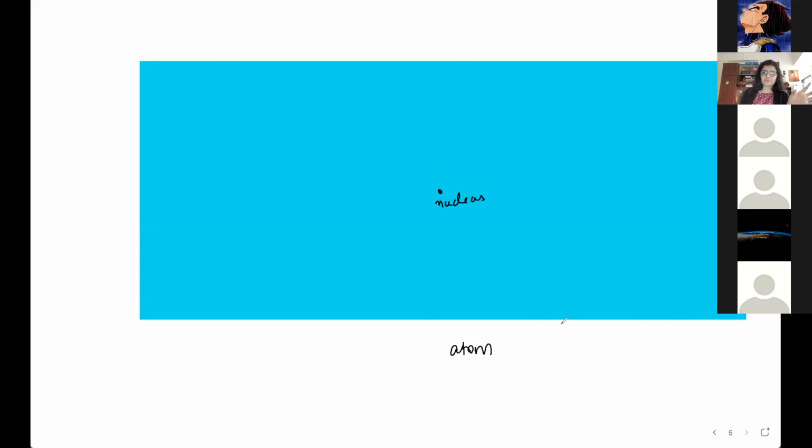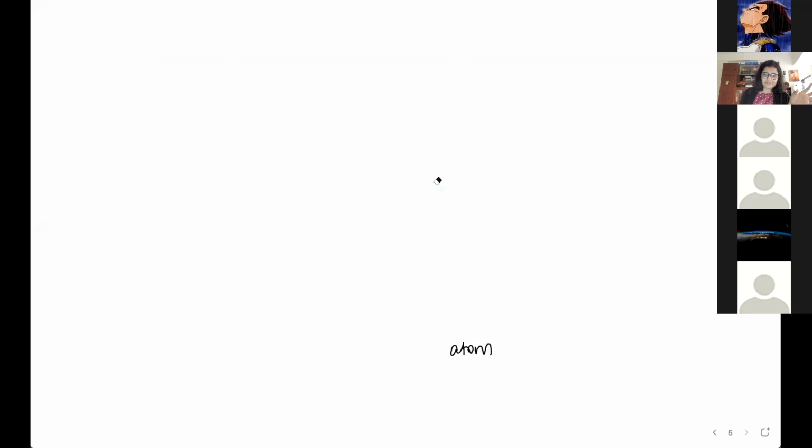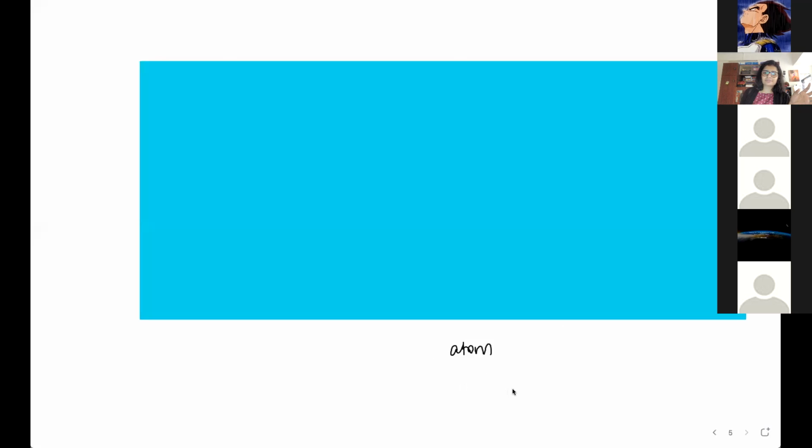What I drew on the board is not even close. If I had to draw the marble, it'll be like one tiny dot. You won't be able to see it even. That's the relative size of atom and the nucleus. That's what I wanted you guys to take away from this.